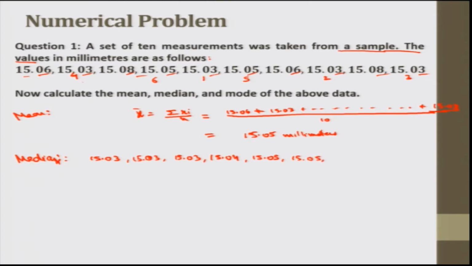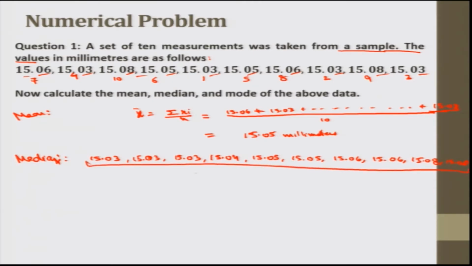Then the seventh value is 15.06. The eighth value is another 15.06, and the ninth value is 15.08, and the 10th value is also 15.08. So, these are arranged in ascending order.